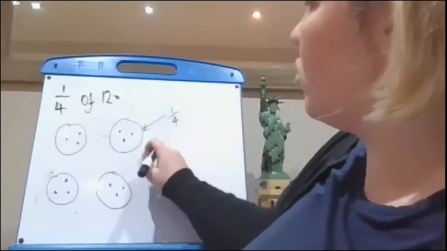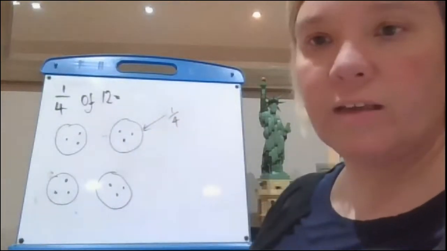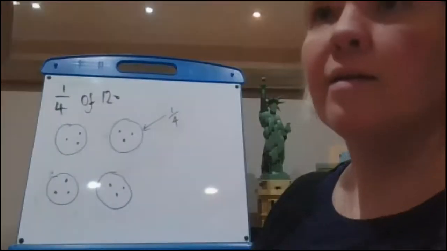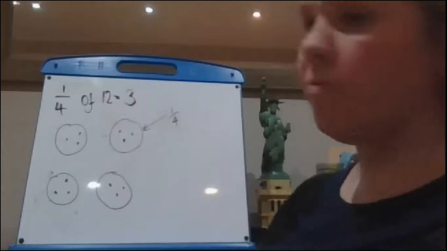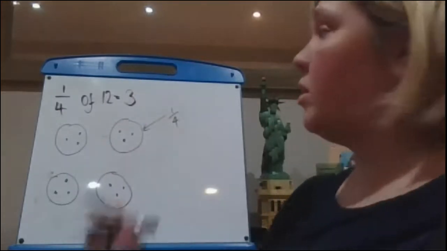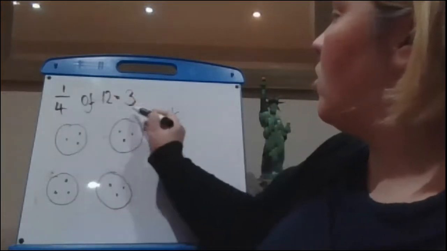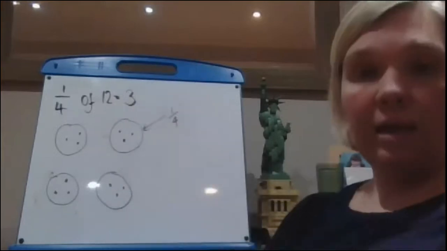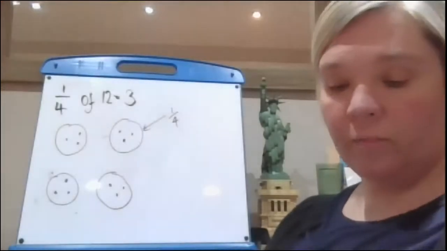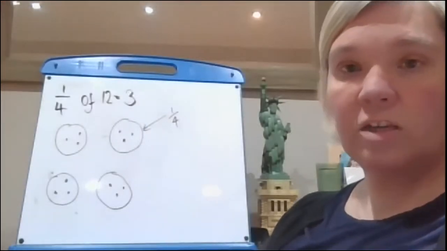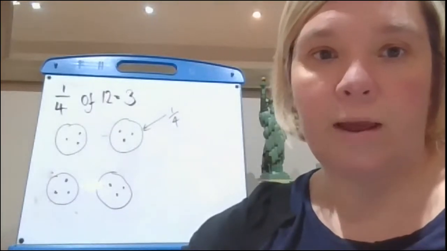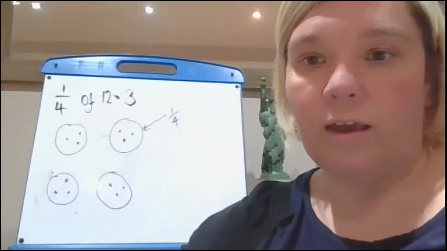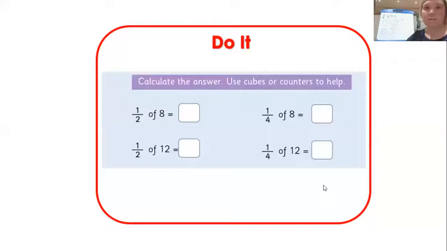So 1/4 of 12 is what, Year 3? It is absolutely 3. And we can also check because we know 4 lots of 3 equals 12. Okay, so that is your do it for the day. We'll just look at the other tasks.